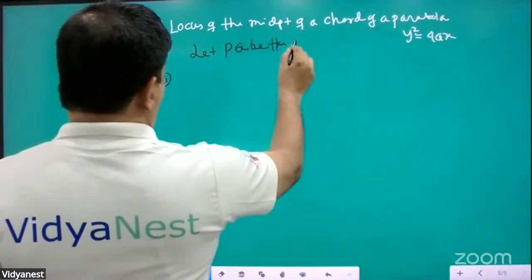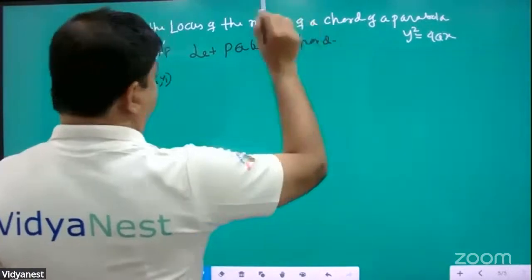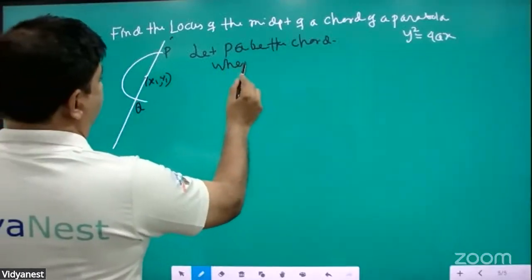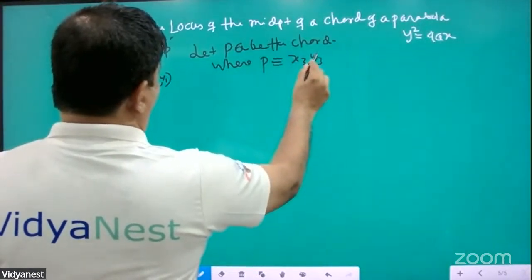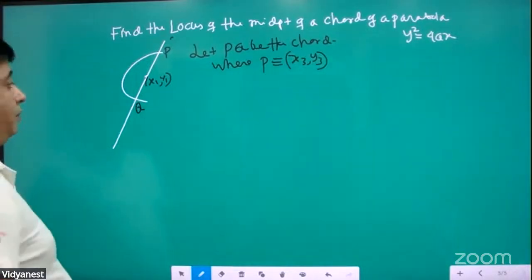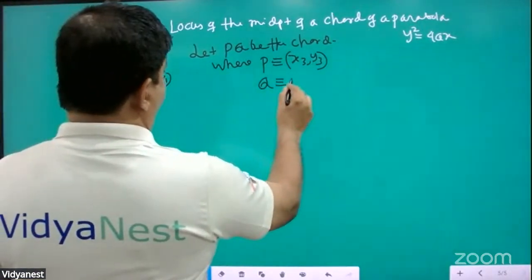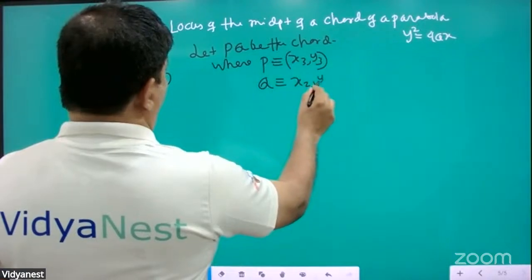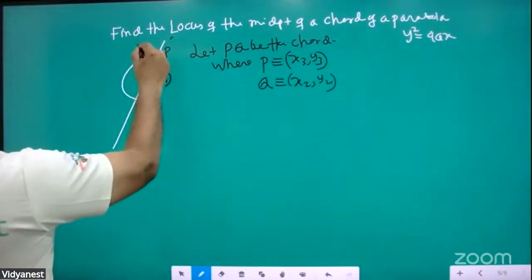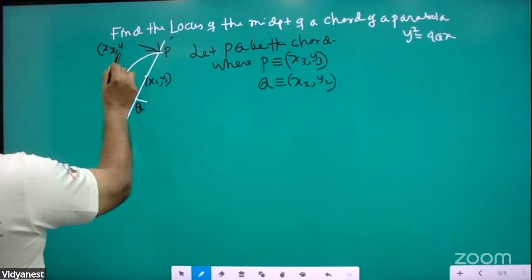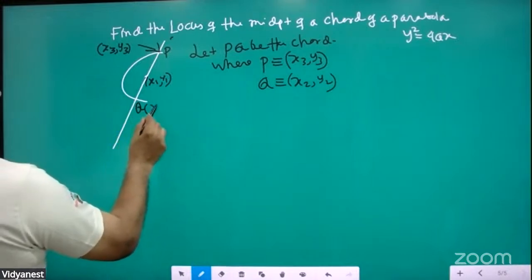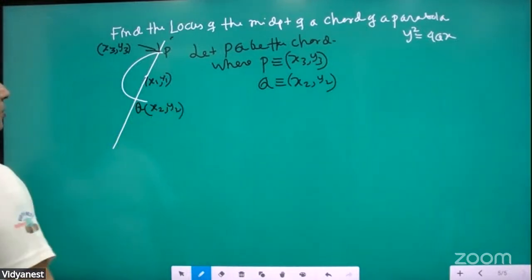Let PQ be the chord. And let us take P as (x3, y3) and Q as (x2, y2). So this point is (x3, y3), Q is (x2, y2).